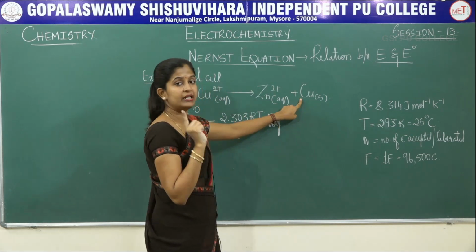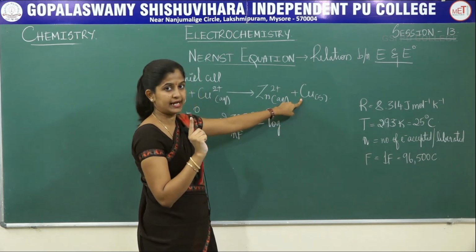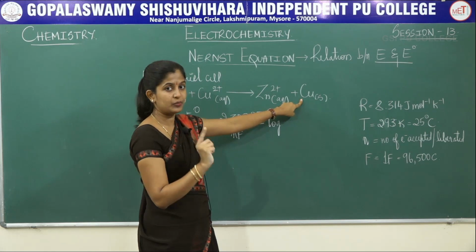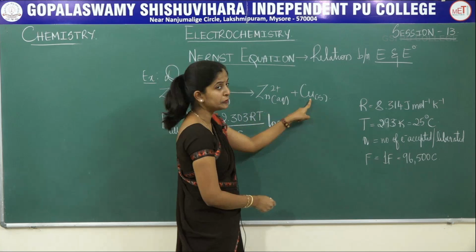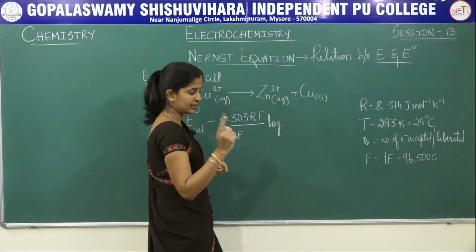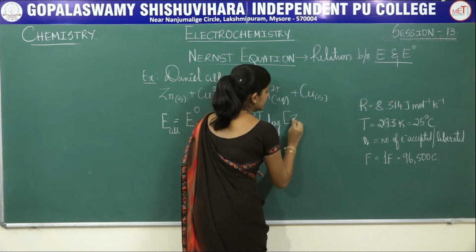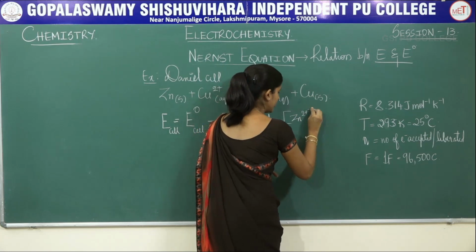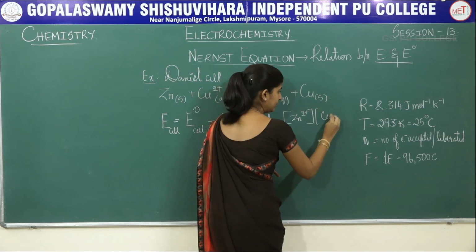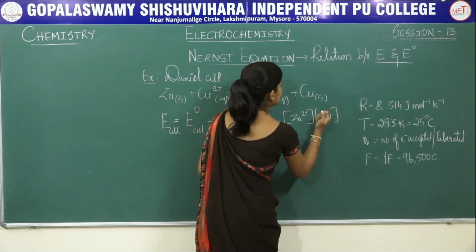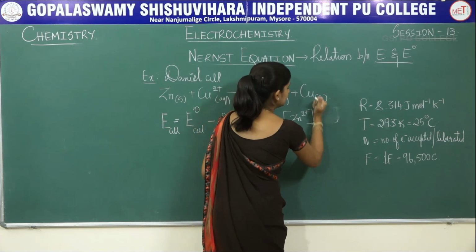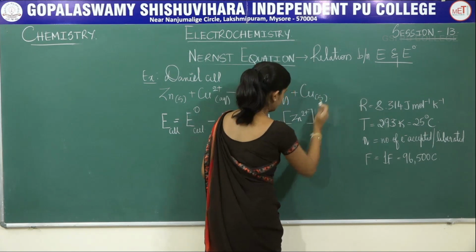So any element in its standard free state, its concentration is to be taken as 1. So if I take here Zn2 plus into copper, it becomes equal to 1. As a result, I will not consider this copper here because its concentration is 1.